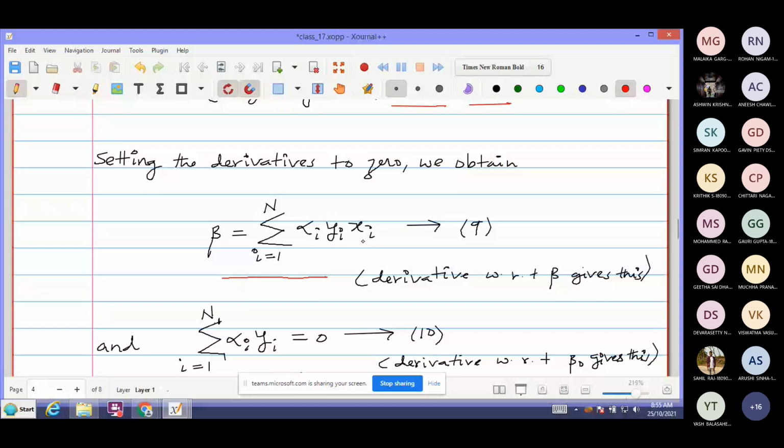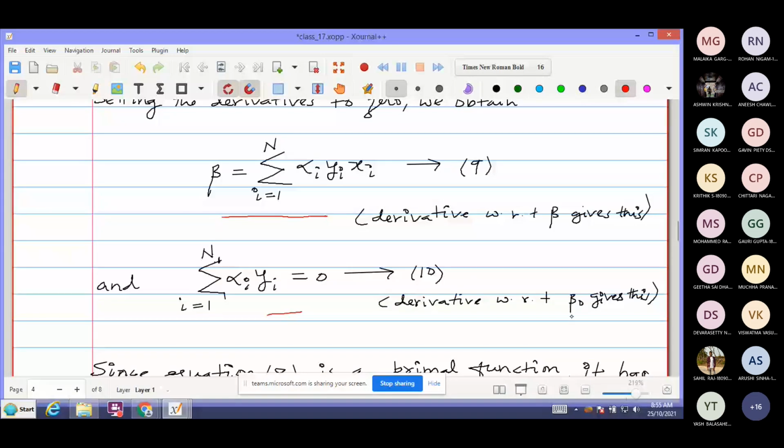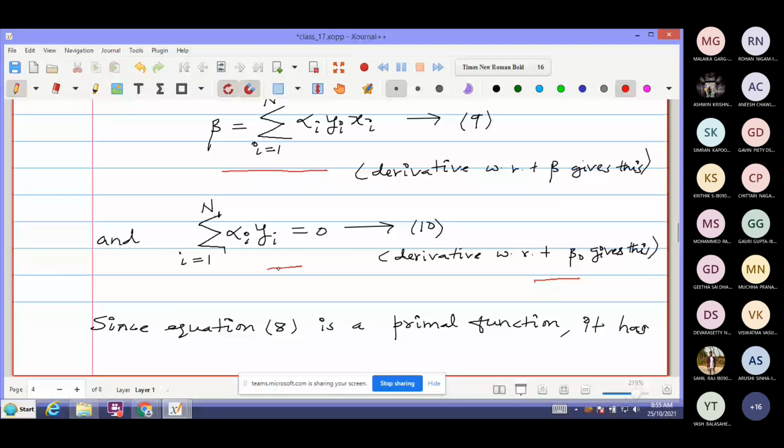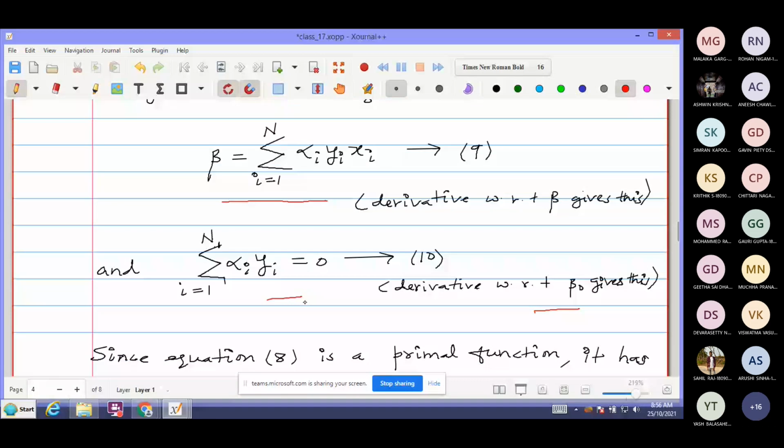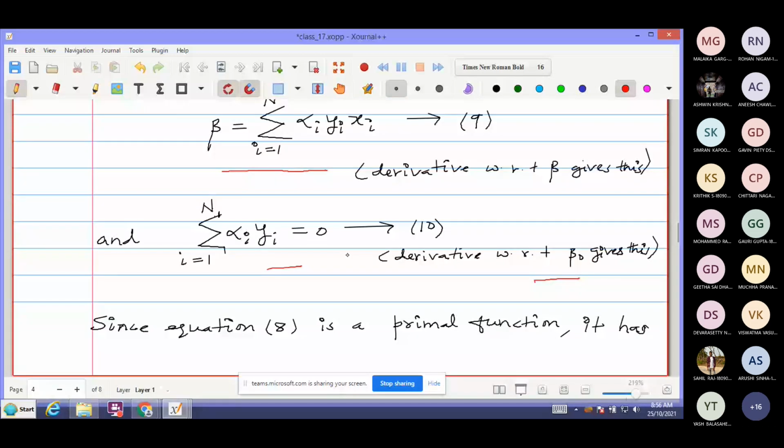And similarly, if you derive with respect to beta 0, only this part will remain, alpha i into yi, and therefore summation alpha i yi is equal to 0. So we have two equations, 9 and 10, which will be helpful to solve this primal.